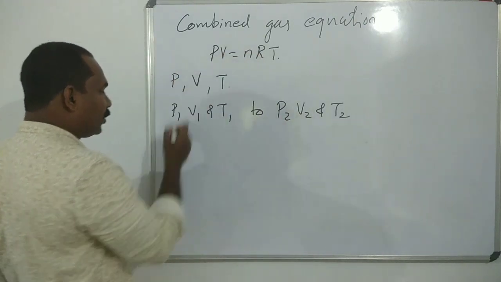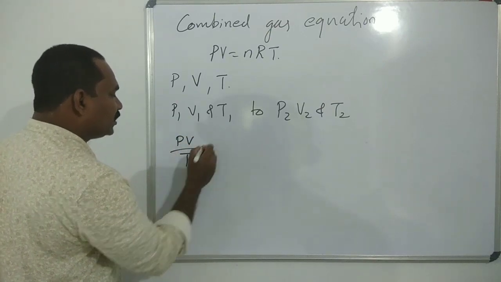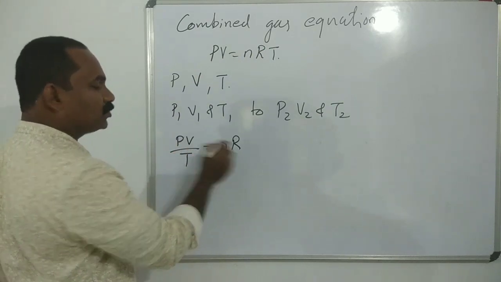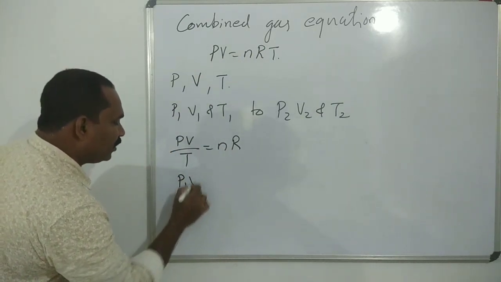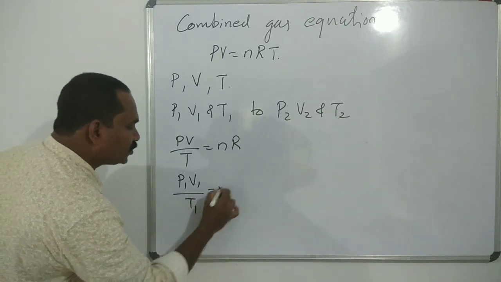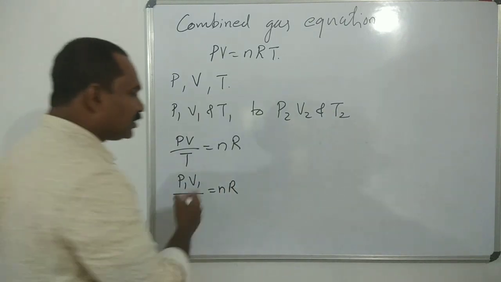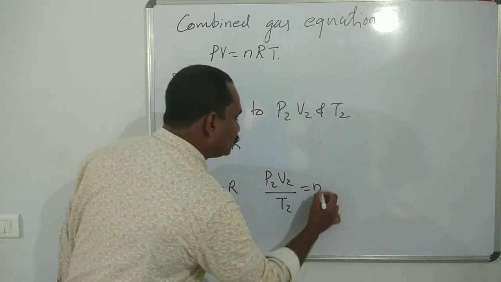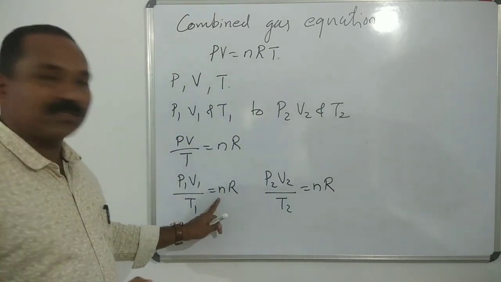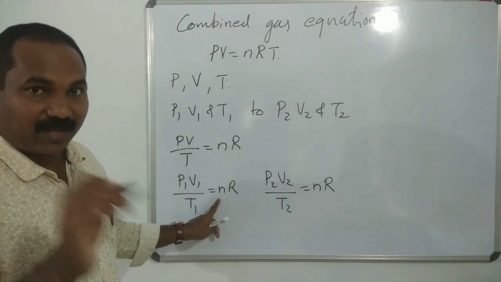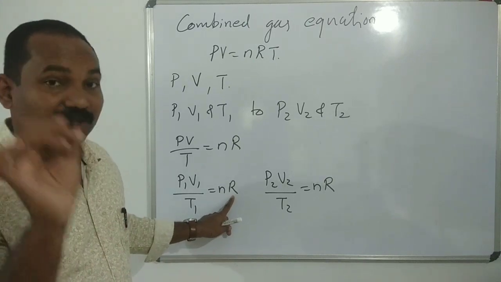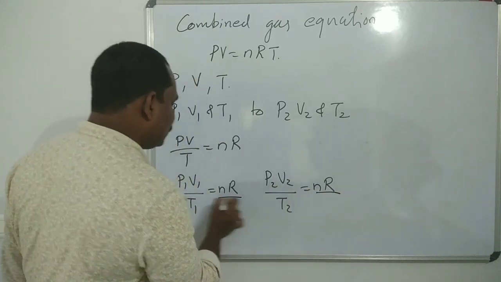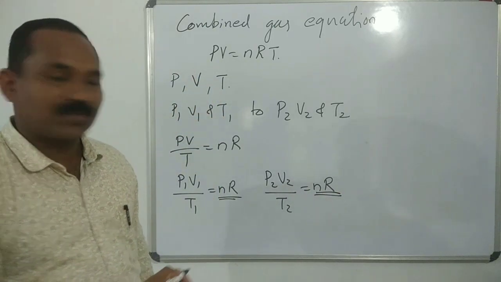Let's use this equation. PV by T is equal to nR, isn't it? Then P1 V1 by T1 is equal to nR. Similarly, P2 V2 by T2 is equal to nR, because n is a fixed amount of gas and R is already constant, the universal gas constant. So the right-hand side of the two equations is the same.